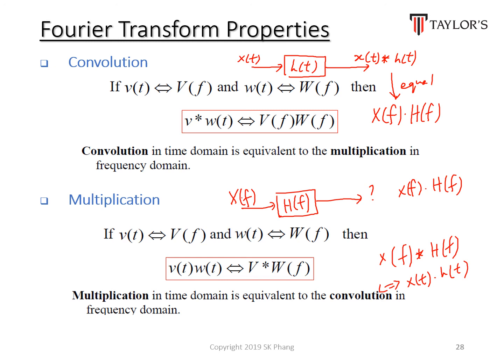Whenever we want to do convolution of two different signals, we do the Laplace transform, or the Fourier transform, first on the two different signals, then we multiply them together, and then we do an inverse Fourier transform. And most of the time we can refer to the table to do the Fourier transform and inverse Fourier transform. So that will make it easier to do the convolution operation.